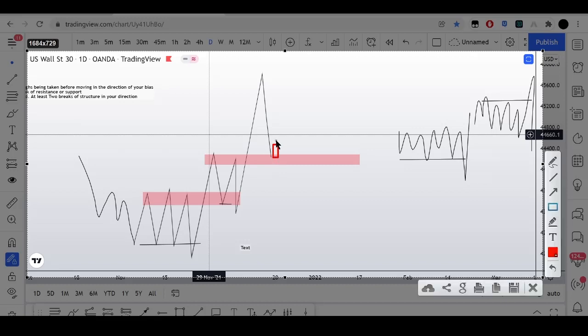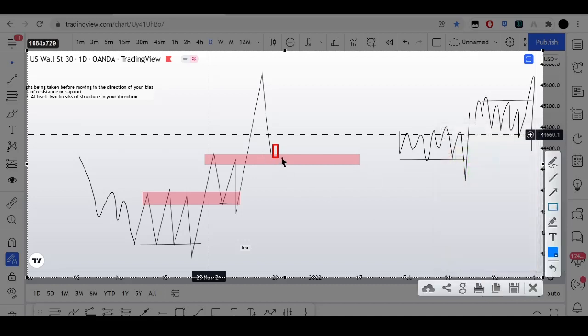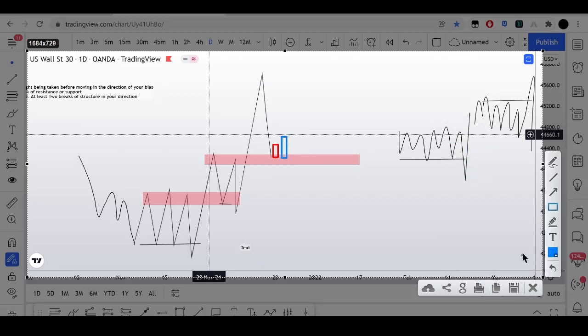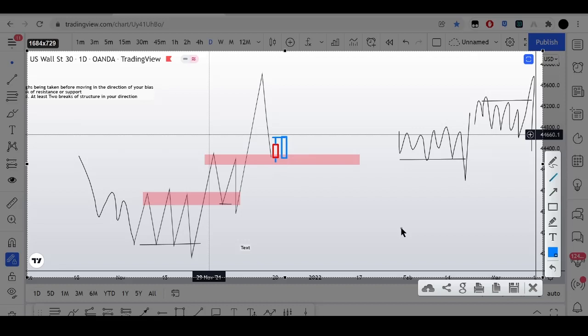Let's pretend there's wicks in this, and then you want to see a nice engulfing candle. Now what you want to see with that engulfing is price closing. Let's say this is the wick of this down candle. You want to see price closing above that wick.